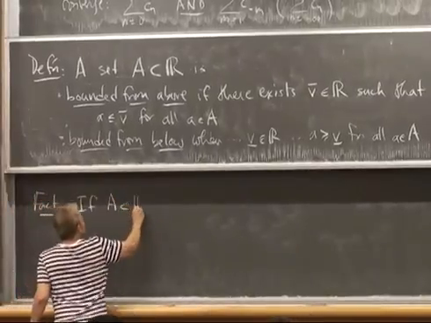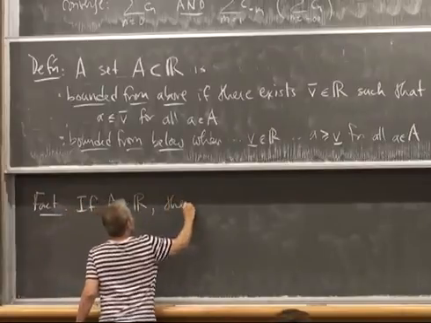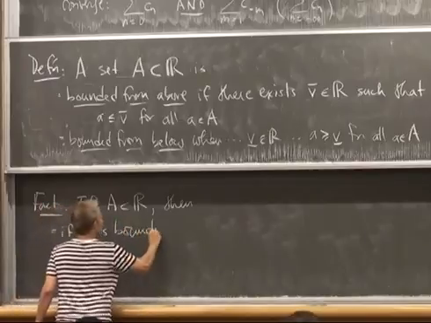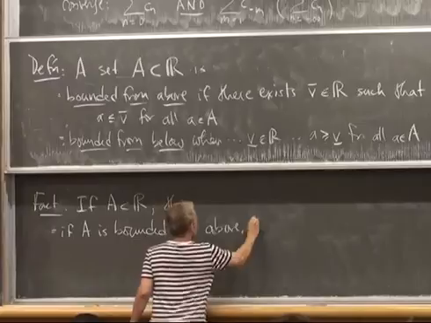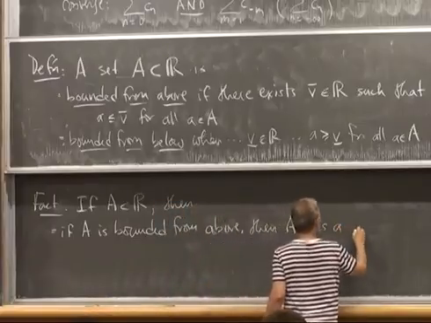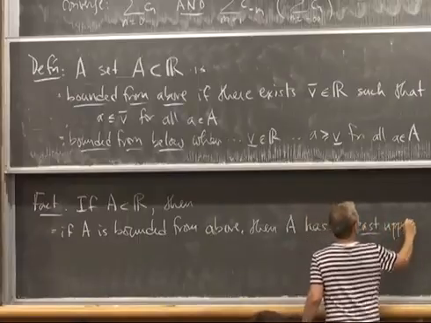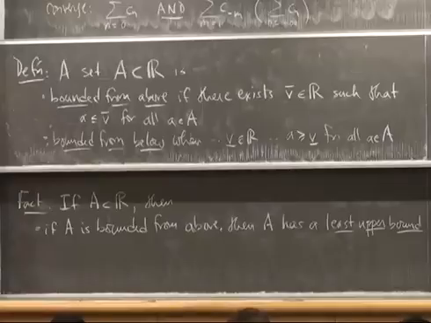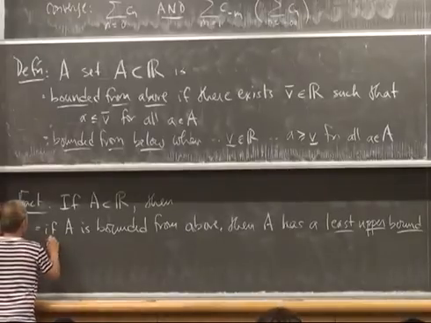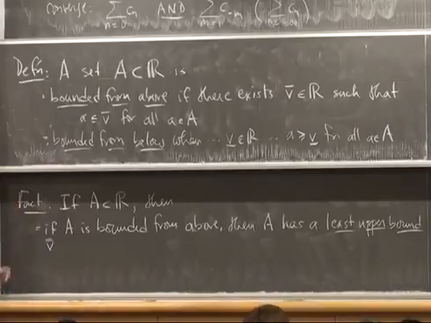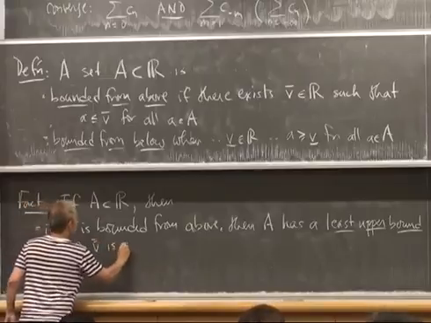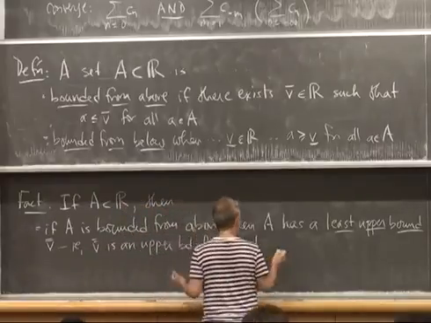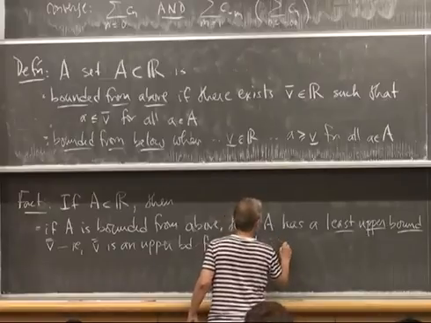If A is a subset of real numbers, then if A is bounded from above, then A has what people call a least upper bound. And I'm not fond of that terminology for stupid linguistic reasons that I'll explain to you in a second. V double bar, I'll call it. What does a least upper bound mean? That is to say, V double bar is an upper bound for A and every other upper bound for A is at least as big as V double bar.